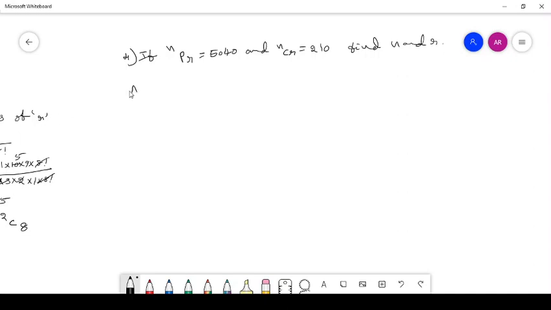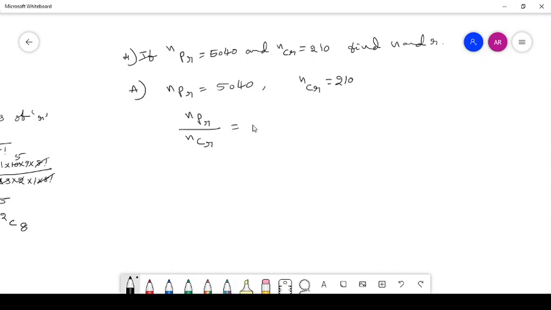In the problem it is given that nPr is equal to 5040 and nCr is equal to 210. We know the result: nPr by nCr is equal to r factorial.